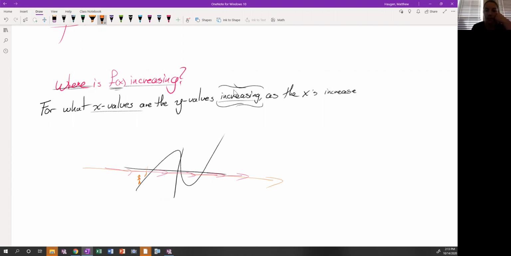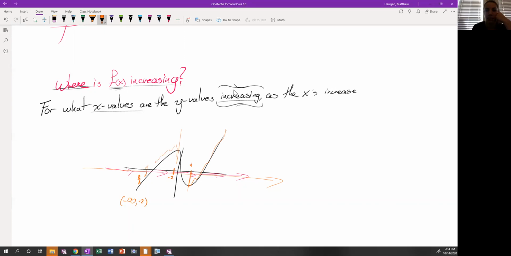So the hiker is going uphill for x's from, in this case, negative infinity up until whatever x value that happens at, say -2. Okay. And then they'd be increasing from this, say that's at 4 on. Fair? If you were asked, when's the hiker going downhill?